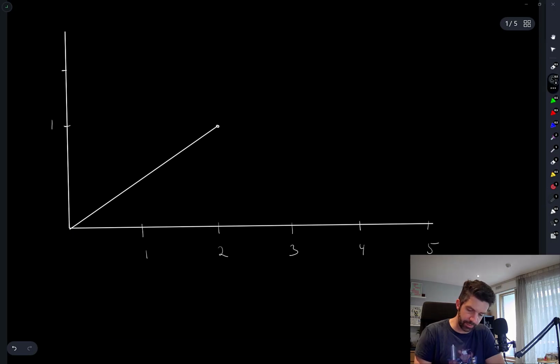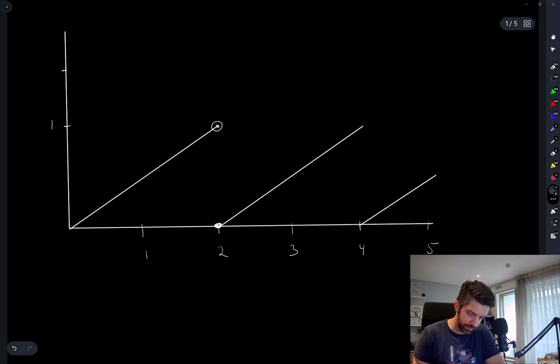Right? And you can check this by substituting some values of x. If x is equal to 1, f of x is equal to 1 over 2 minus the floor of 1 over 2, but the floor of 1 over 2 is 0. So over there. And then I guess we have an open piece there and a solid piece there. It won't really matter. And then again, we grow linearly like that, and we'll grow linearly like that.